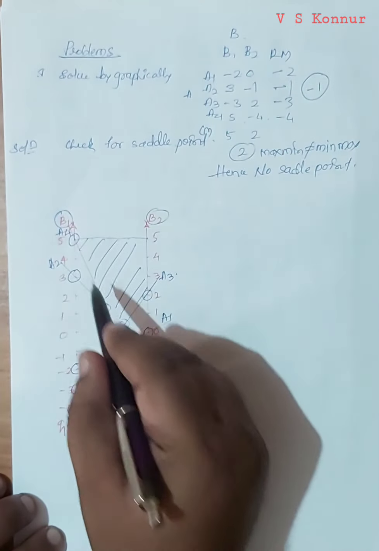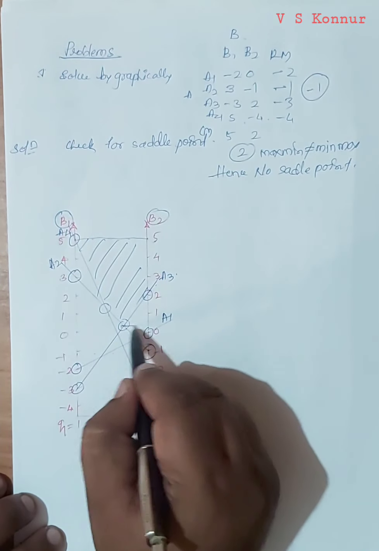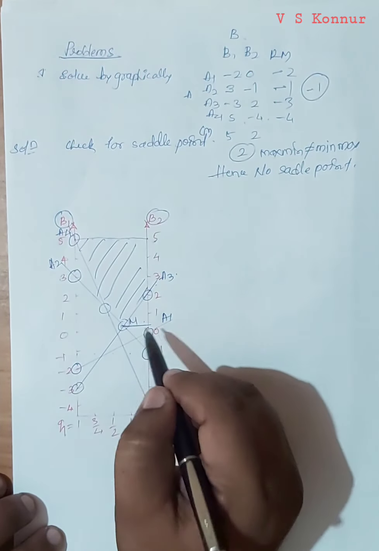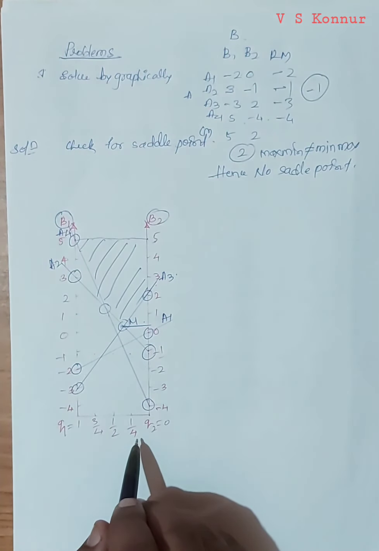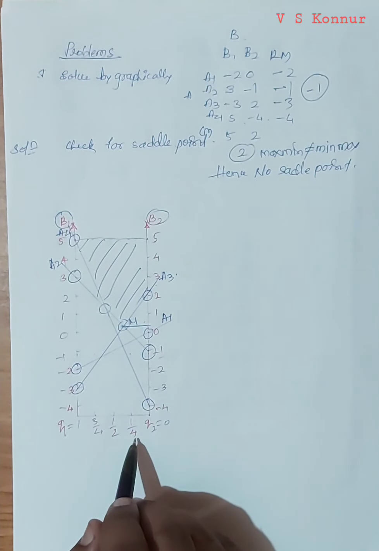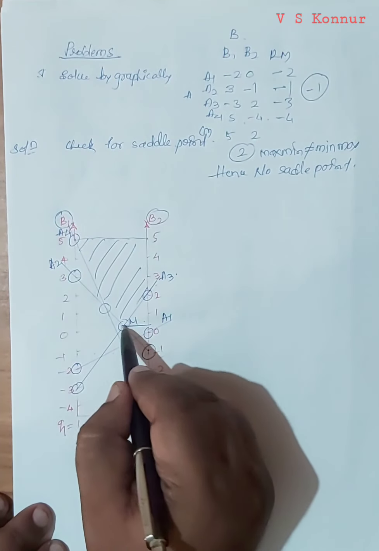In that, the lowest point is called M. In an m into 2 type of problem, you have to select the highest region and then the lowest point.